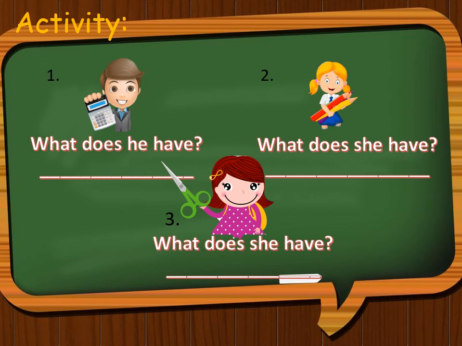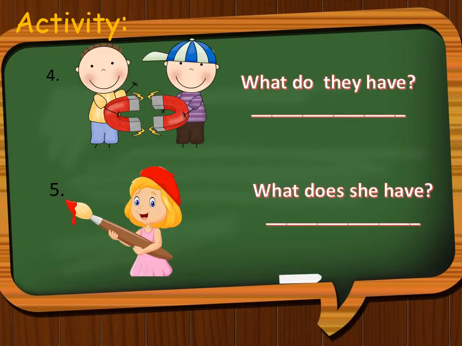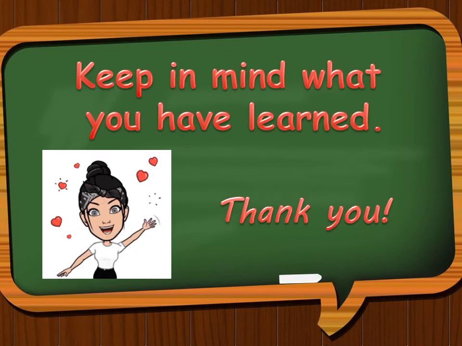So example, you will say, he has some blank. Number 4, what do they have? Number 5, what does she have? And that is the end of your activity. So you are going to write only 1, 2, 3, 4, 5 sentences.